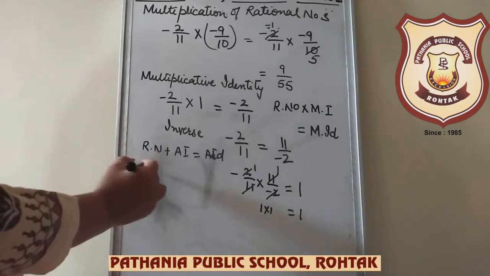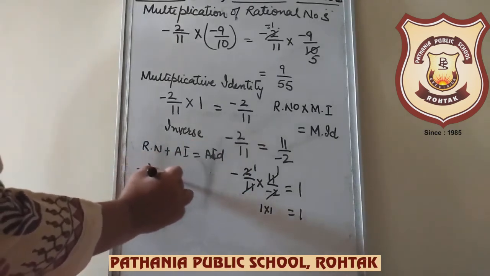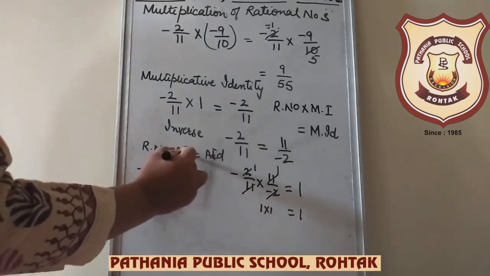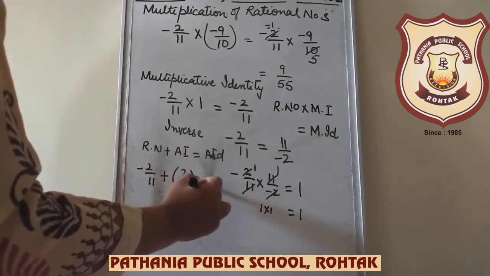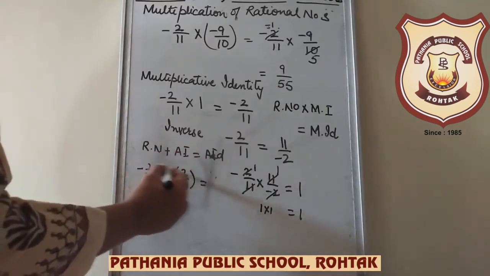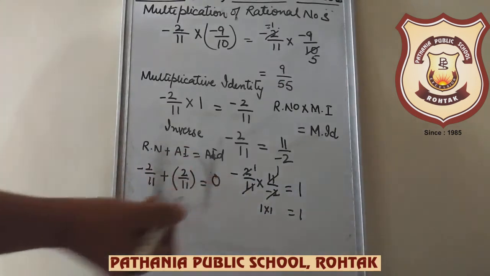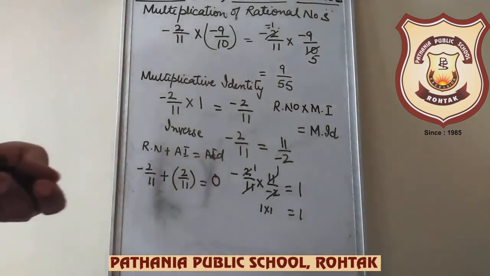You can do it. Minus 2 upon 11 plus its additive inverse, which is 2 upon 11, and 2 minus 2 is 0. So your answer is 0. It is the additive identity.